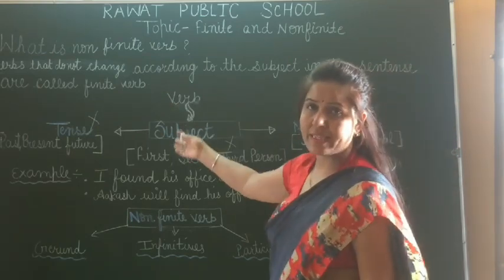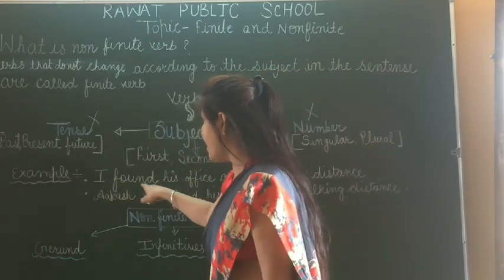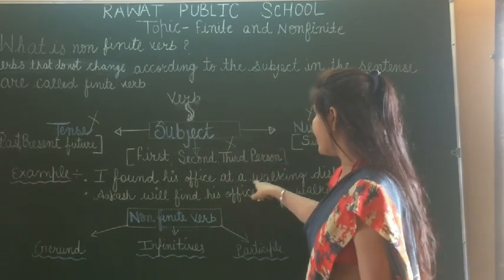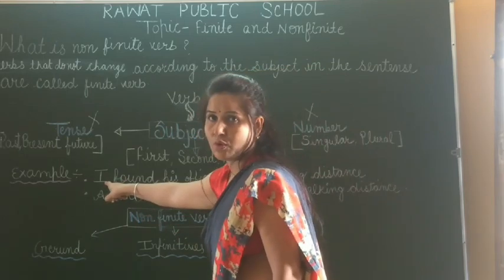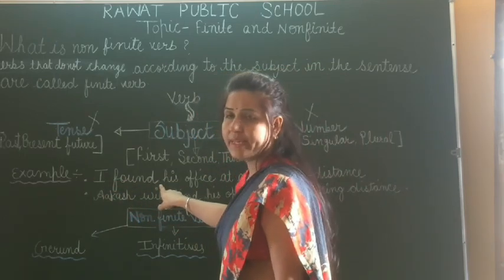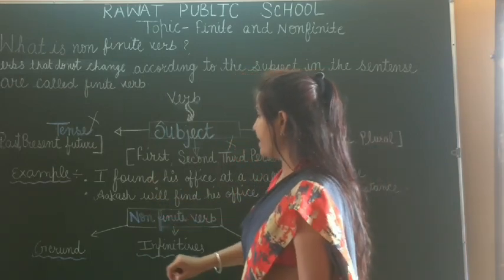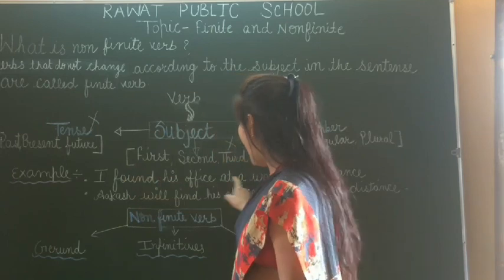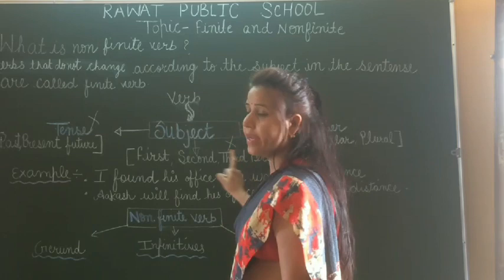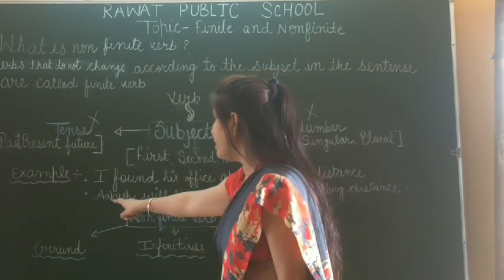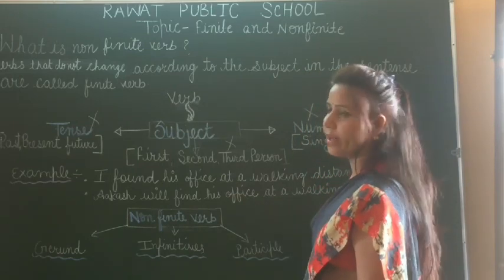Let's see an example to make it clear. First example: I found his office at a walking distance. I is a singular form and found is a past form. In this sentence, found and walking are both verbs. Now the other example: Akash will find his office at a walking distance.